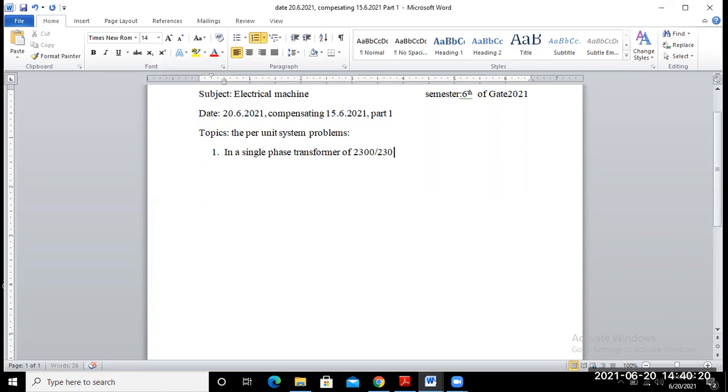That means the HV and LV voltage ratings are given to you as 2300 and 230 volt.